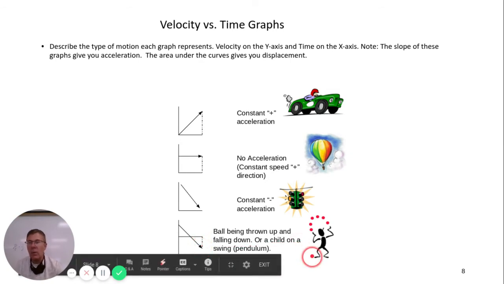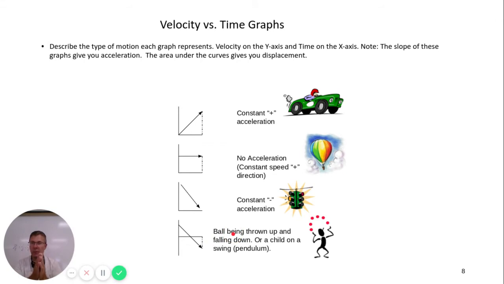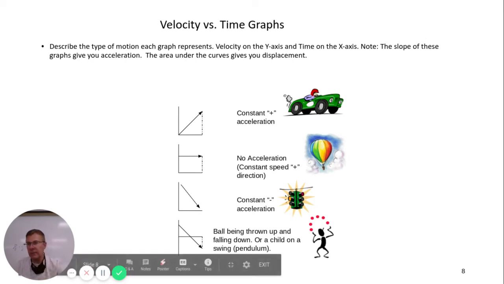Or think of a swing or a pendulum: where are you going fastest on a swing? Right at the bottom. Where do you stop? When you're out here. And then you come back. So that would be a person swinging from the bottom point outward and then coming back down. If you're pushing a kid on a swing, that's what this graph would look like.